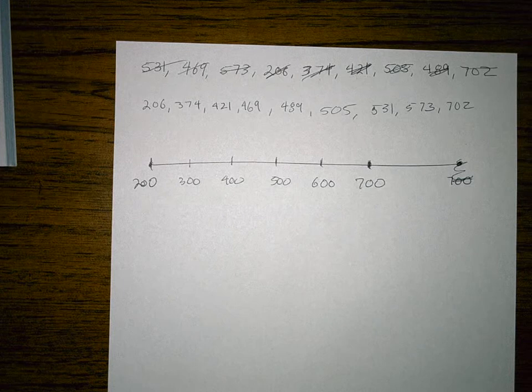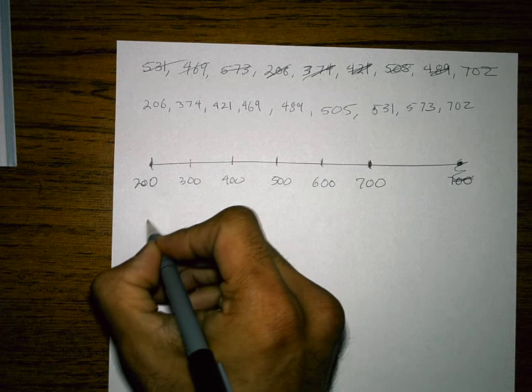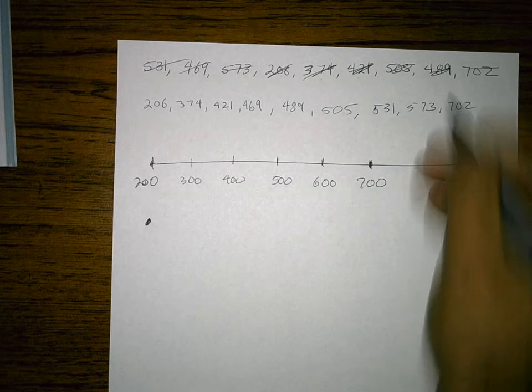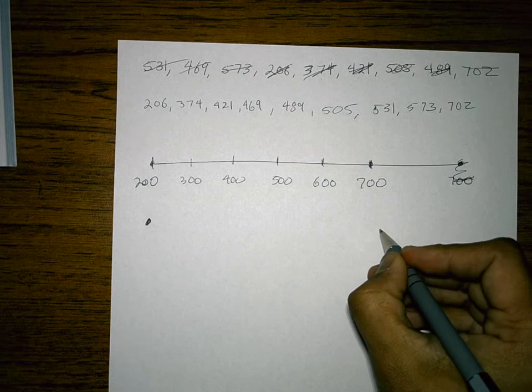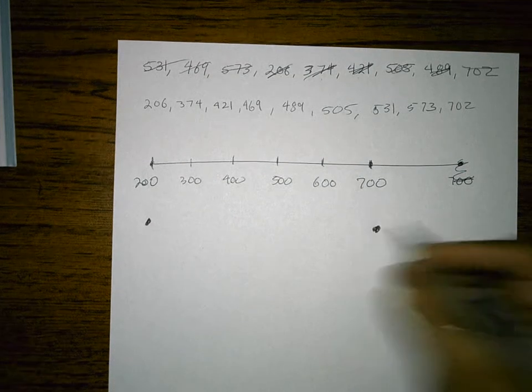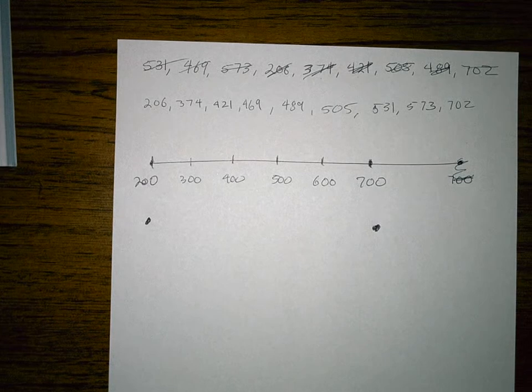What I need to do is label the minimum value, the smallest value, and that's 206. So I'm going to put a dot right here just above 200. I need to do the largest value, which is 702, so I'm going to go just a little bit higher than 700. Next, I want to find the middle, and that's my median.